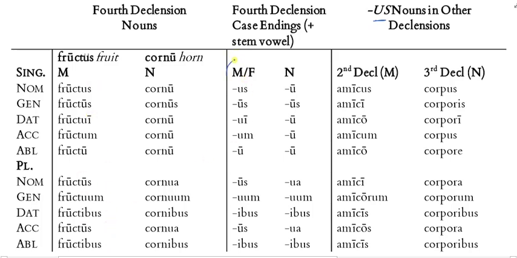I've given you the masculine and feminine case endings. Those both use the same ones as the masculine that we see here. So notice that we have us, us, ui, and u on the singular side. Some of these are going to be familiar to you from your third declension case endings.